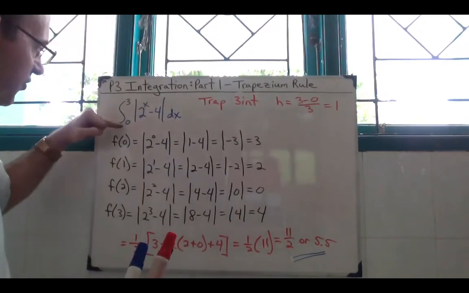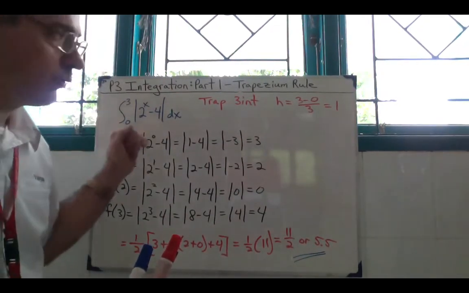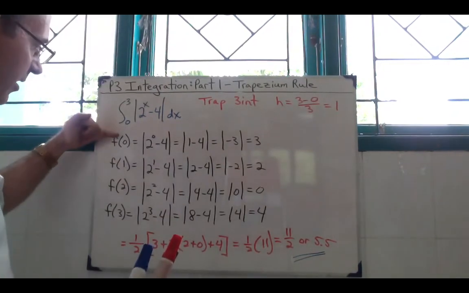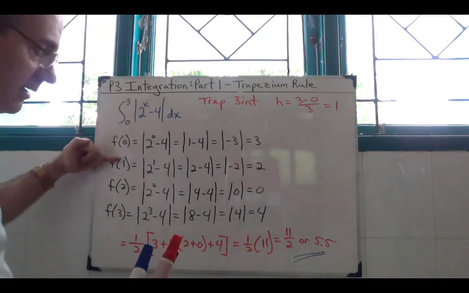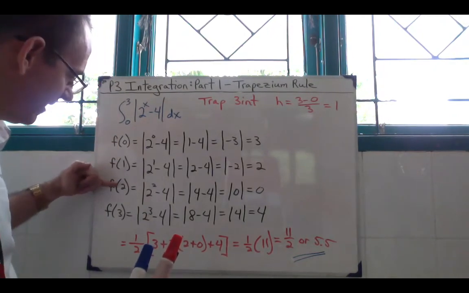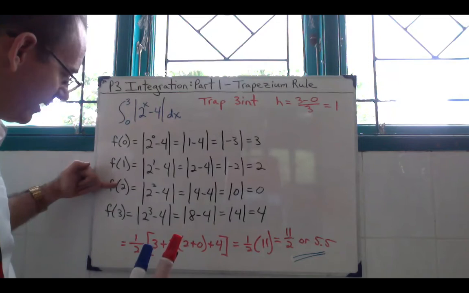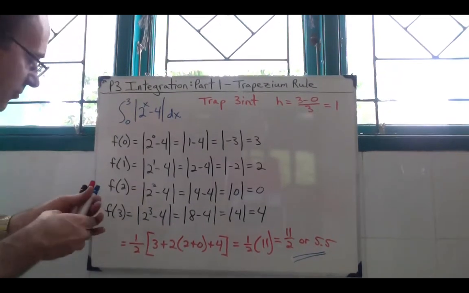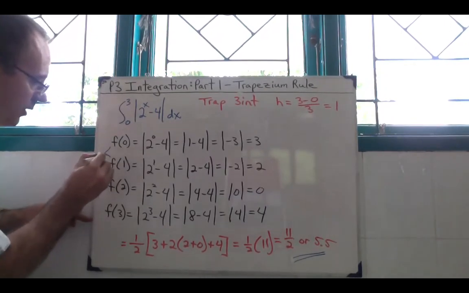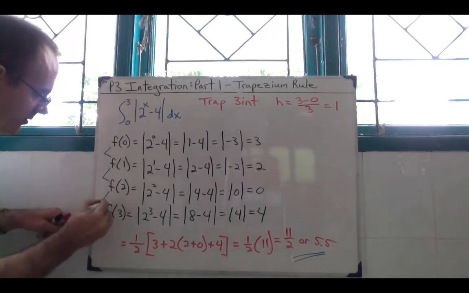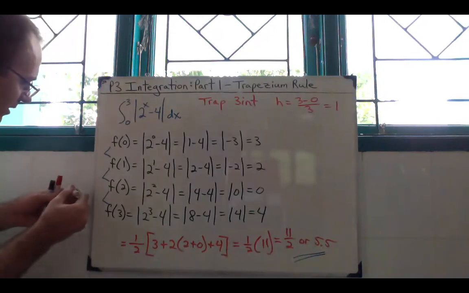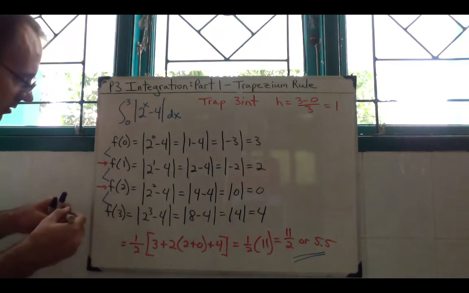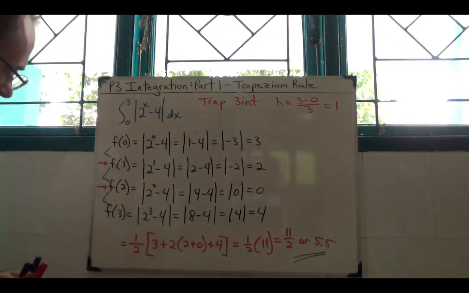So that means starting with 0, we're going in increments of 1: we start at 0, we go 1, puts us at 1, we go 1 again, puts us at 2, we go 1 again, puts us at 3. So these are our 3 trapezoids. Here's 1, here's 2, here's 3. Notice these inner ones here are shared by 2 different ones. Those are the ones that we need to double in the formula.